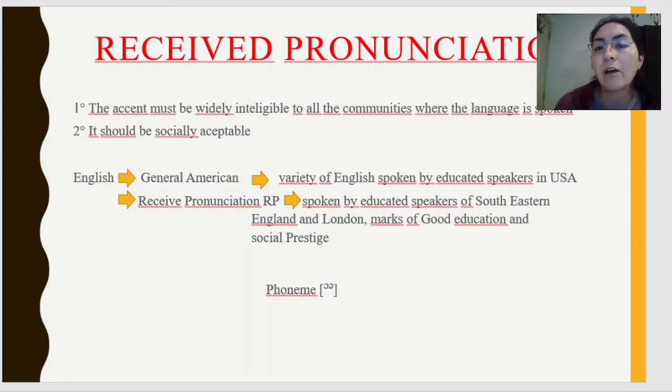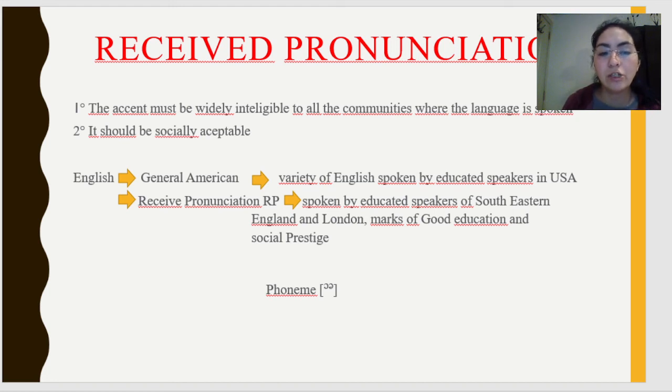We must keep this point of view in mind. We have two criteria. The first is that the accent must be widely intelligible to all the communities where the language is spoken, and the second, it should be socially acceptable.